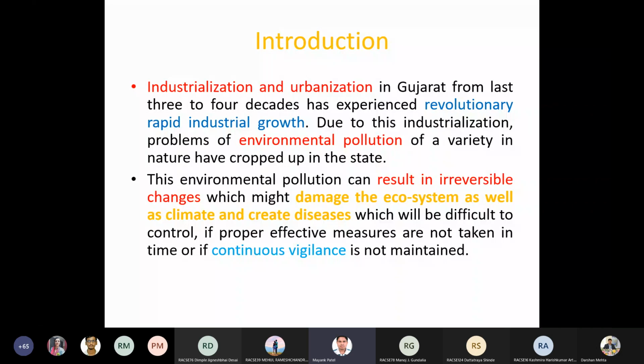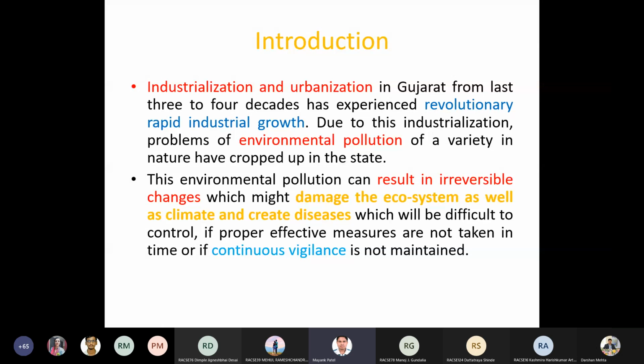Basically, industrialization and urbanization in Gujarat over the last 3 to 4 decades has experienced revolutionary rapid industrial growth, and due to this we have seen at so many places the problem of environmental degradation, with overall quality deteriorating, and there was a need to look into this matter urgently.